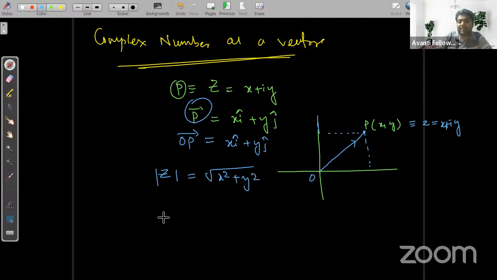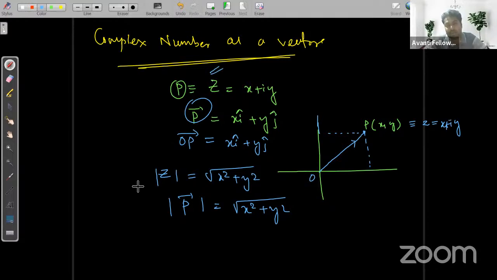And if the position vector of P is x i cap plus y j cap, then the magnitude of vector P is also under root of x square plus y square. So you can observe that what we say for the complex number, we say similarly for the position vector of point P. Is everything clear?